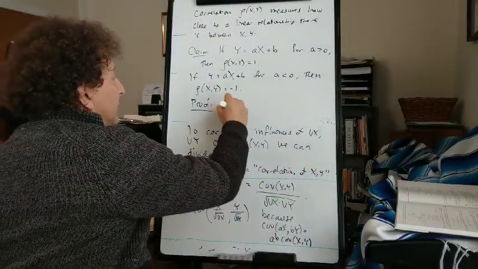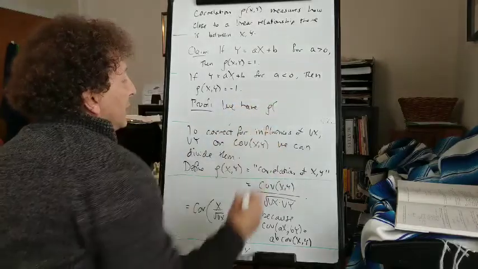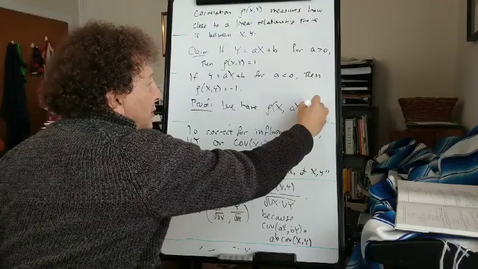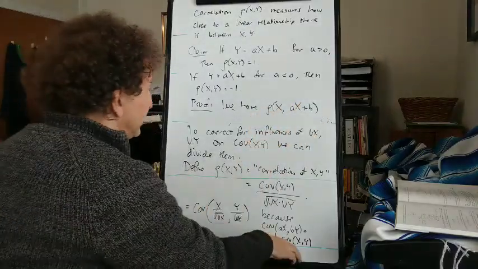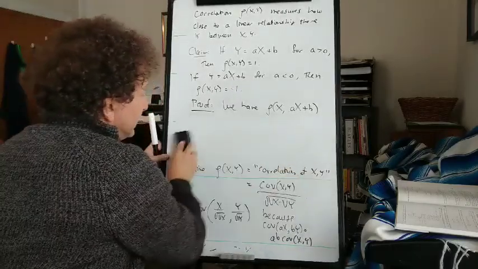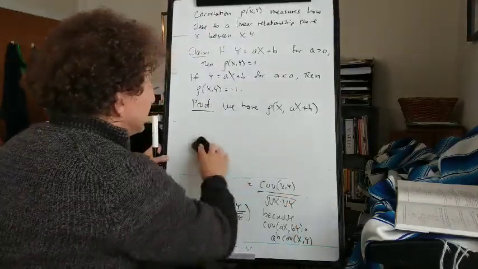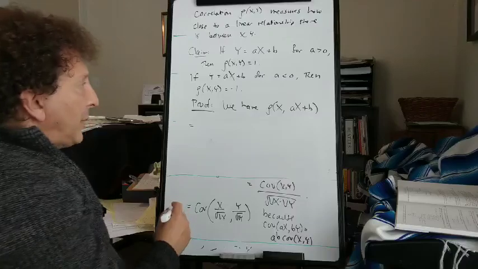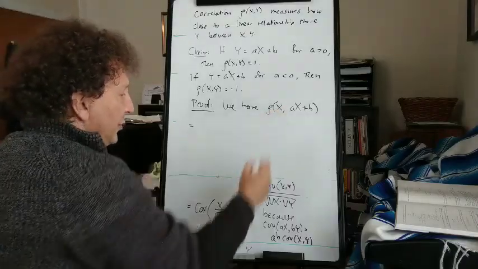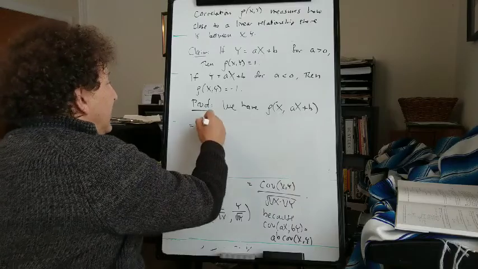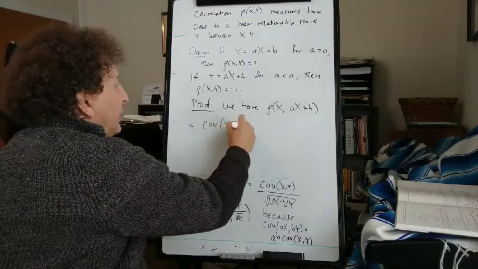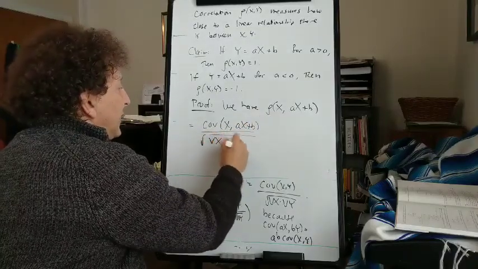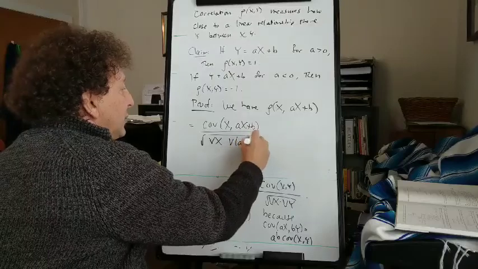So to see this, let's write out the correlation between x and, we'll assume, y is ax plus b for some numbers a and b. By definition, this is the covariance of those two things divided by the square root of the variances. So this is the covariance of x with ax plus b over the square root of variance of x times variance of ax plus b.